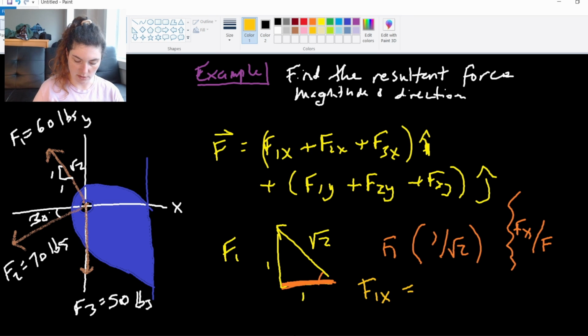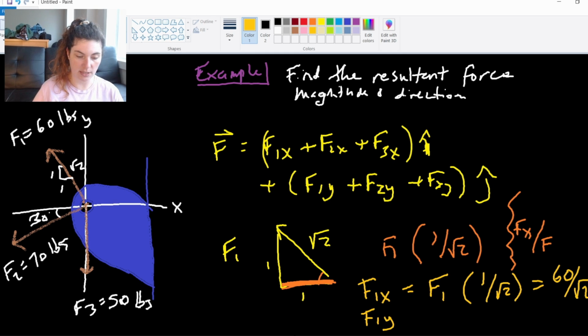f1x is going to be f1 times 1 over square root 2, and our f1 is 60 pounds. So that is going to be 60 over square root 2. The y component we break out from this triangle happens to be the exact same. Our y component is proportional to the force by square root of 2.